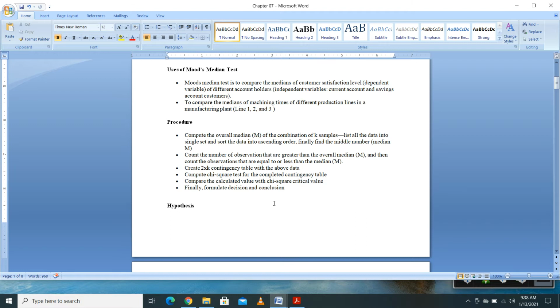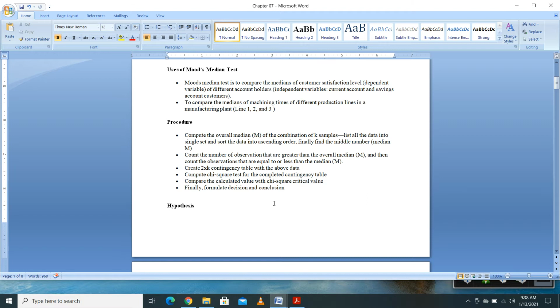Talking about the procedure, when you are going to apply the Mood's median test, the first thing that you have to do, when you have several samples, two or more, is to pool all the data. You have to put all the data together, arrange them in ascending order, and calculate the overall median value.